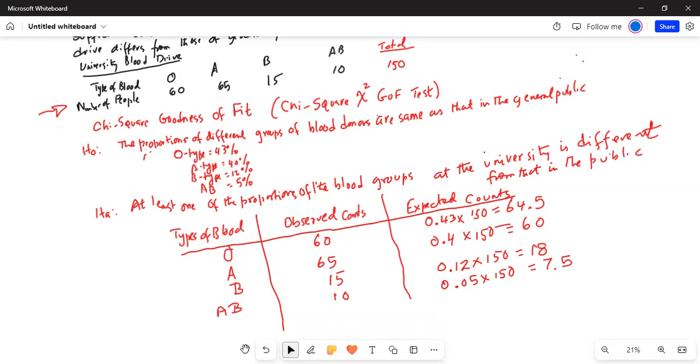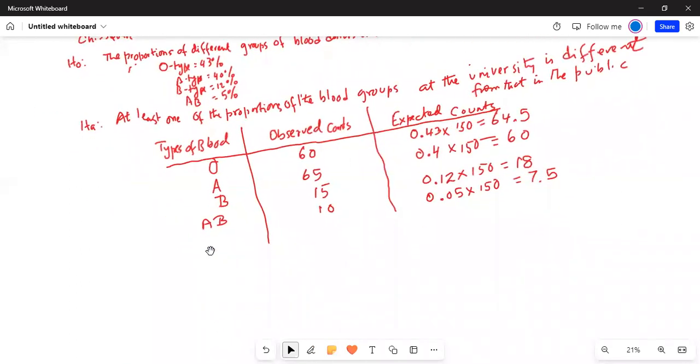So I have to calculate the test statistic. My test statistic is chi-square. Remember, the test statistic is a comparison between the observed count and the expected count. So the test statistic in this case is chi-square, which is given by the sum of observed minus expected count, squared, divided by expected.